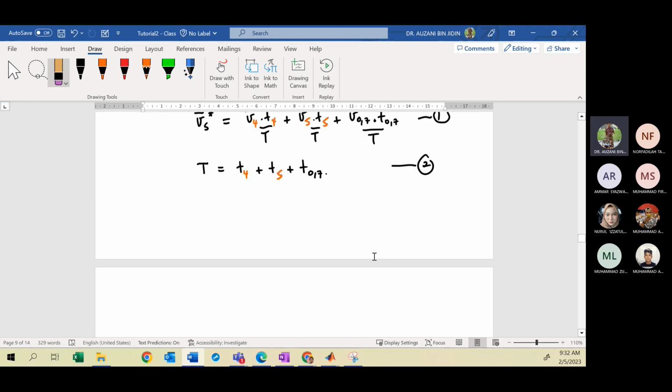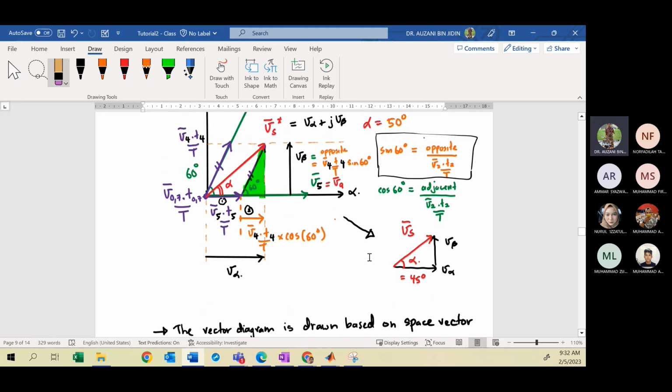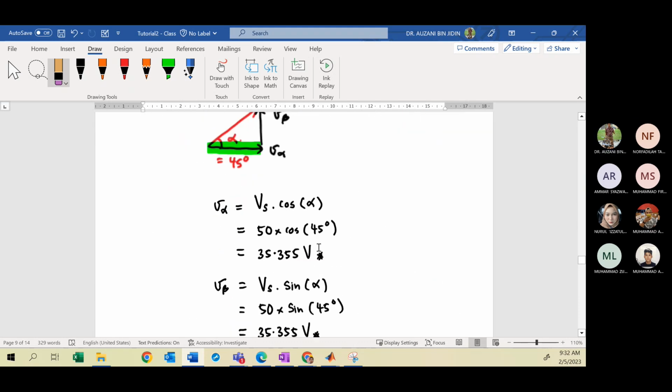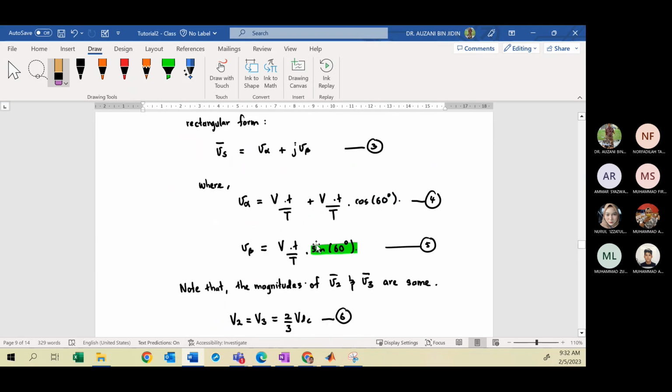Okay, from the vector diagram, V alpha is you summing these two component vectors, V5 T5 and V4 T4 cos 60, right? Okay. V5, V4. So here is 5, 4, 4.